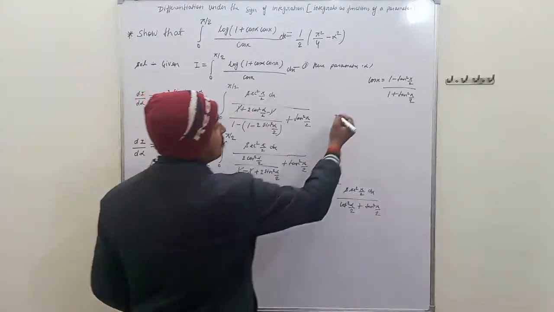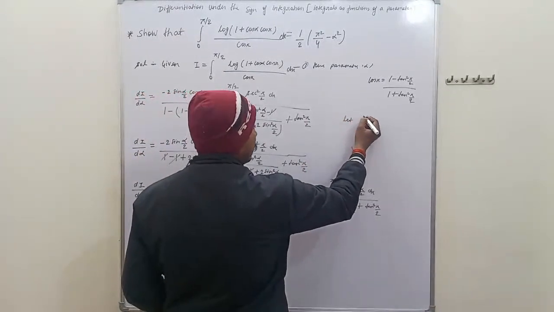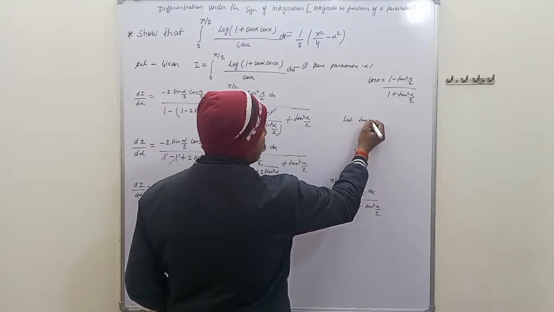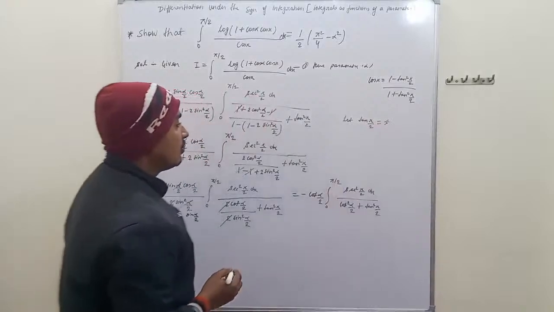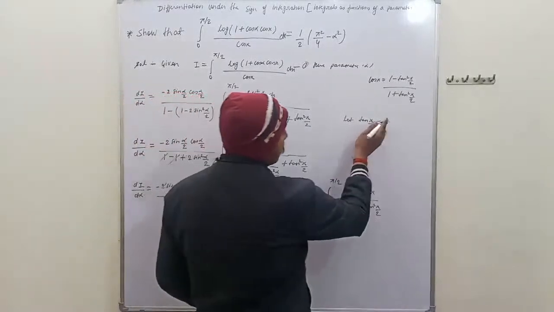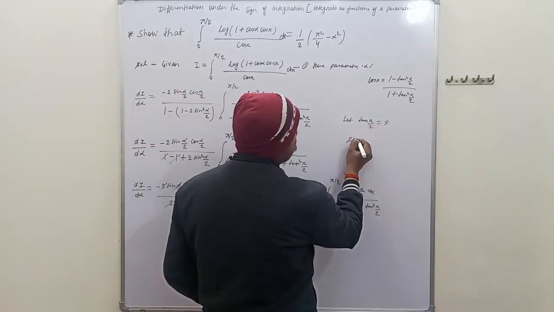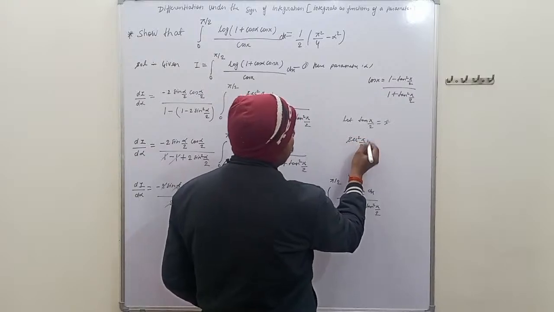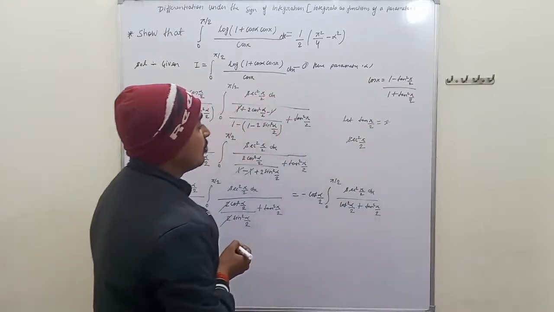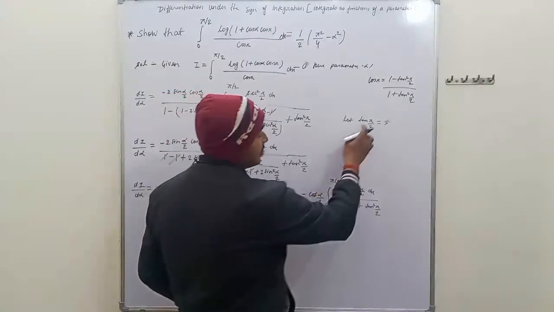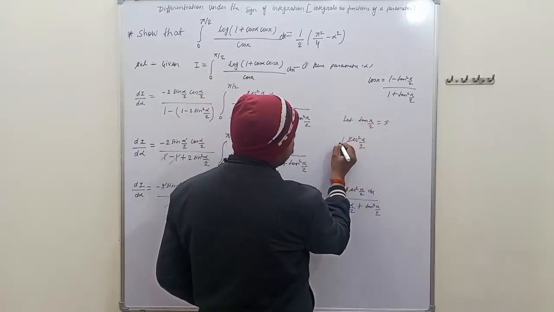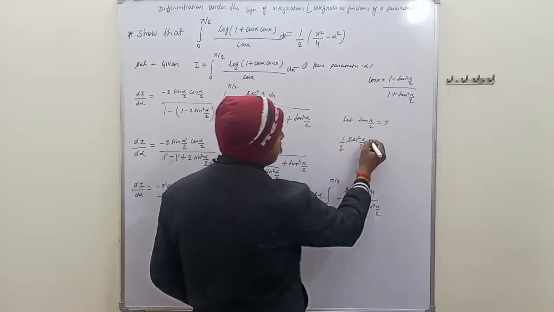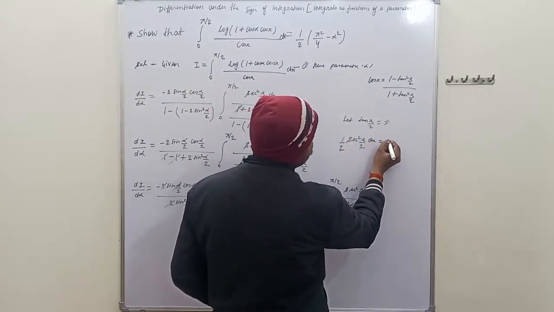Let tan x by 2 equal to t, and differentiating, tan x by 2 is given by sec square x by 2, and again x by 2 differentiated with respect to x gives 1 by 2, so sec square x by 2 dx is equal to 2 dt.